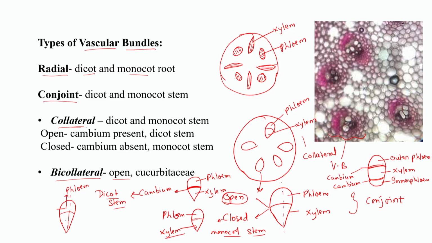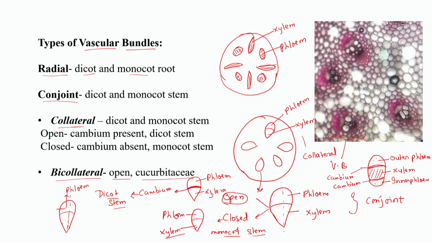So, in this case you can see that two cambia are present on the outer side between phloem and xylem. Suppose this is the xylem and this is the phloem. On the inner side also, between xylem and phloem, you will see two cambia. This type is found in members of Cucurbitaceae.